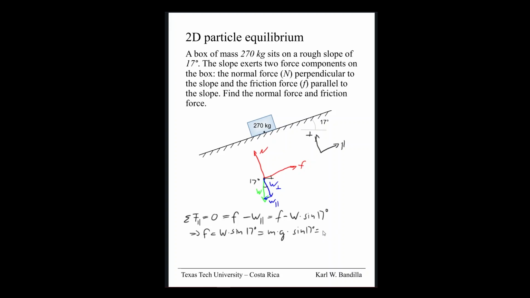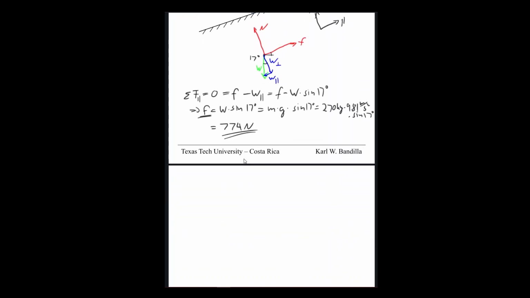The mass was 270 kilograms times 9.8 meters per second squared times sine 17 degrees. That means our F is going to be 774 newtons. So that would be the friction force, basically the force that's helping hold the block from sliding down. So that was one unknown.